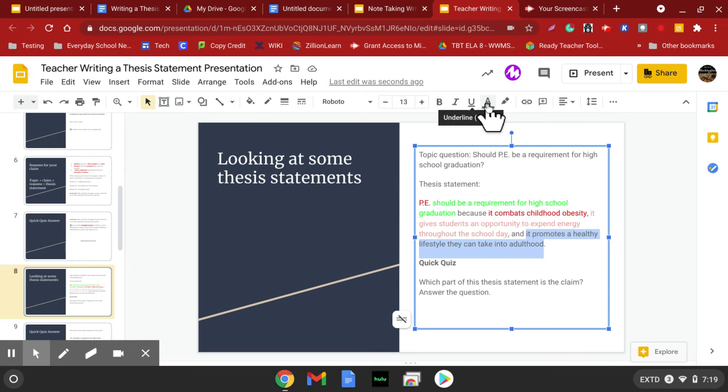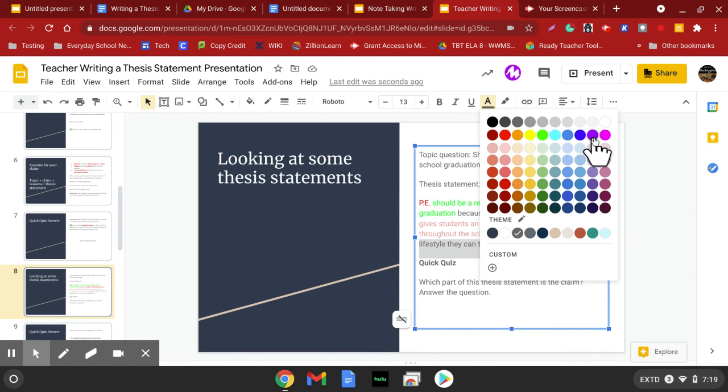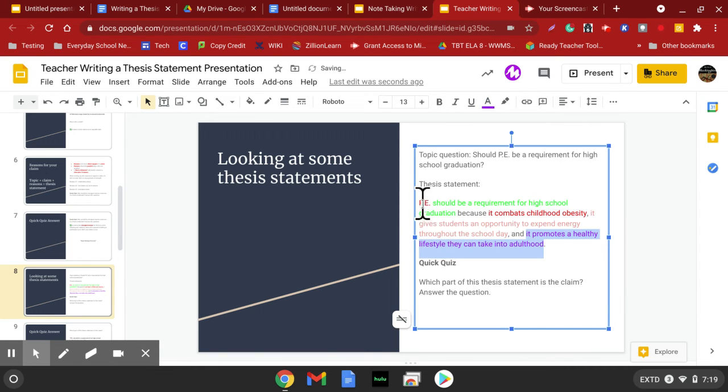So I have right there my topic, PE. My claim, should be a requirement for high school graduation. Then I have reason number 1, it combats childhood obesity. Reason number 2, it gives students an opportunity to expend energy throughout the school day. And number 3, it promotes a healthy lifestyle they can take into adulthood.